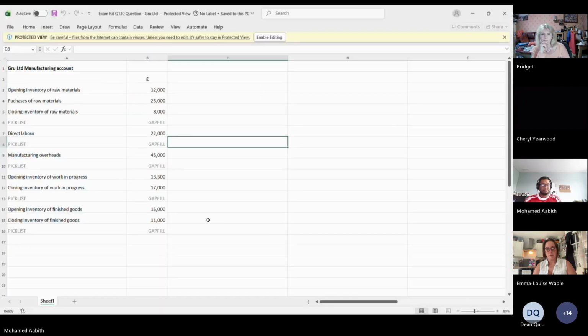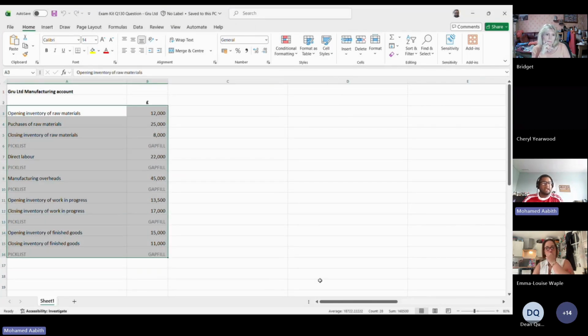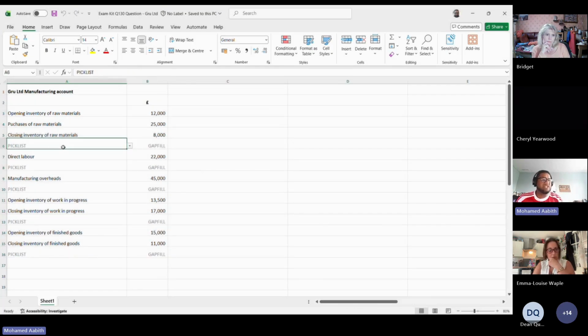Now let's look at the next question I have here about Groove Limited. So here it is the question about the manufacturing account. If you guys remember, the manufacturing account has 14 steps. So here are your 14 steps, but they're in 5 different stages. The first stage is always about calculating what is the raw materials used.